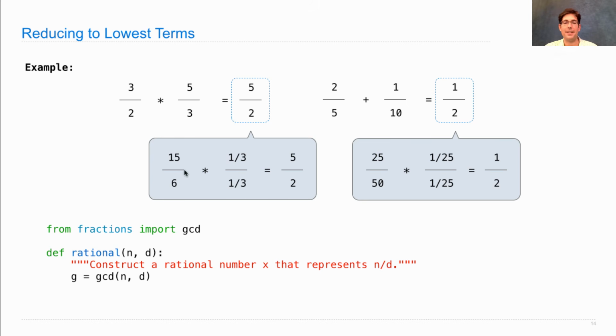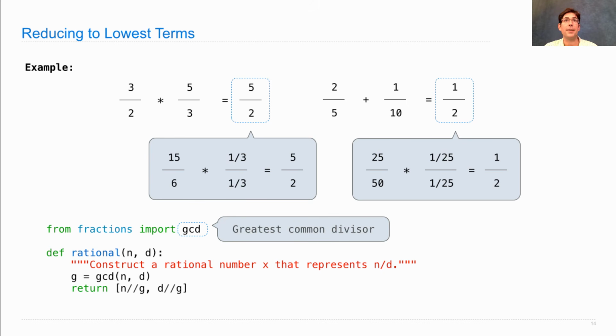That's 3 in this case, or 25 in this case, and then returning a pair that contains the numerator and denominator each divided by the greatest common divisor so that they're guaranteed to be relatively prime. And we use integer division here because we know that g evenly divides both n and d. That's a property of a greatest common divisor, that it's a divisor. It evenly divides those numbers.